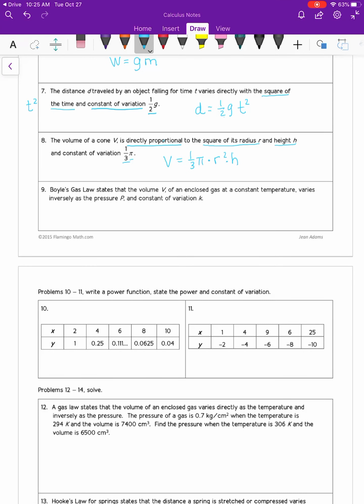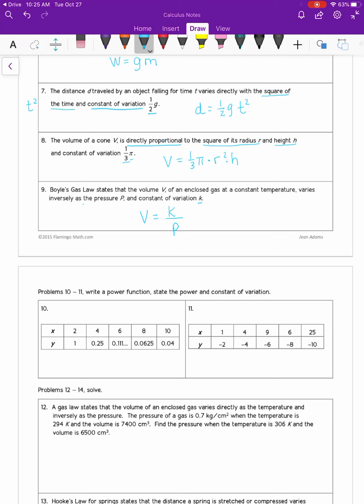So number 9, Boyle's gas law states that the volume V of an enclosed gas at a constant temperature varies inversely as the pressure P. So V, and I know P is going to go in the denominator because it varies inversely as the pressure. Now, I normally would put k up here unless it tells me a different one.